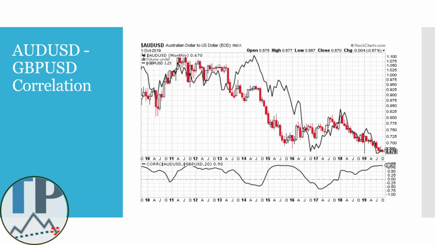Okay, so now we have the Aussie US dollar versus the pound US dollar, and you can see the correlation is a little less positive in the sense that there are more dips into the negative on the correlation between these two markets. And I guess it should be obvious. I mean, the UK does not have Australia as its largest trading partner.